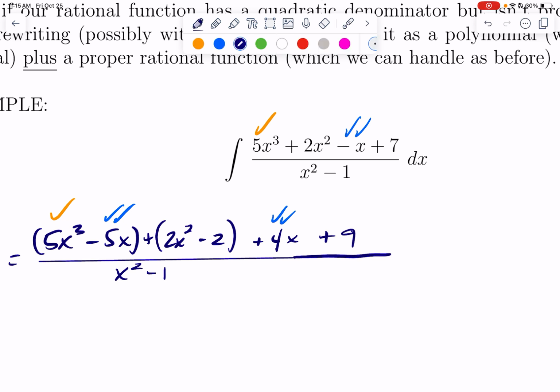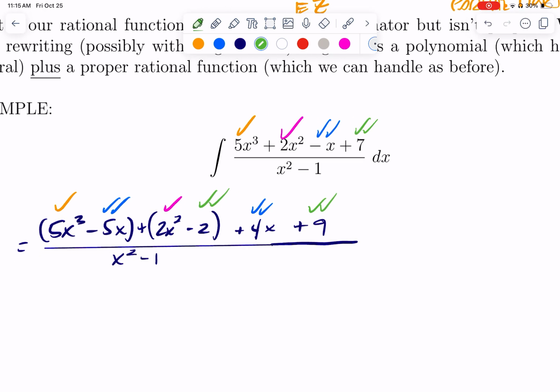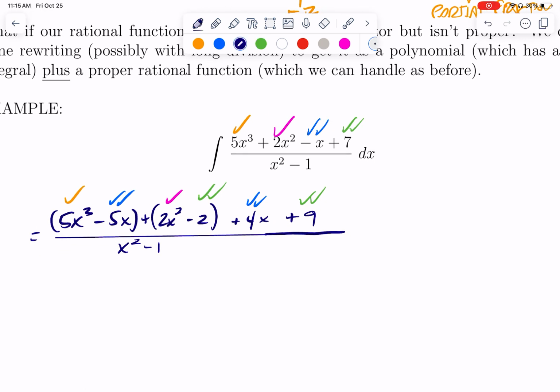The things that I don't really want to see, I'm just putting on the side. So now we can notice this 2x squared is accounted for here, and then negative 2 plus 9 is 7. So I've actually accounted for everything. What this means is the function that I am integrating is actually 5x, if I simplify this part.